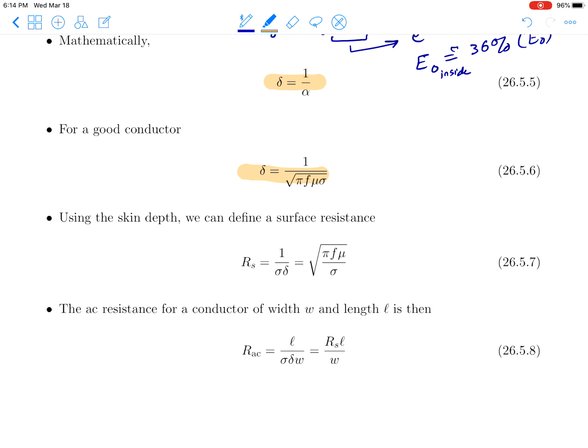Also, we can use the skin depth to define a surface resistance. So Rs is 1 divided by the product of sigma with the penetration depth. This is equivalent to the DC resistance. Remember the DC resistance from the electrostatic field was the following.